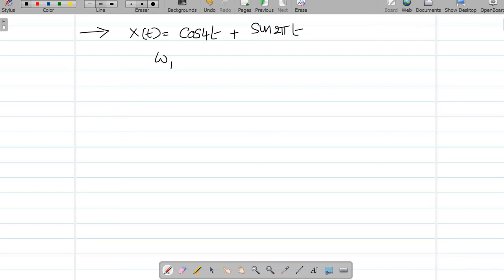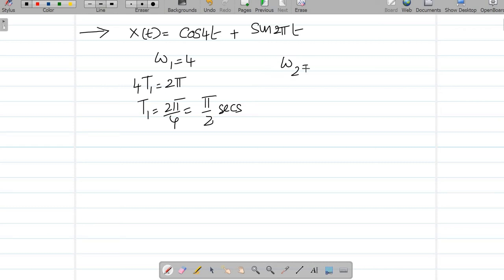So omega 1 is equal to 4. So 4 times t1 is equal to 2 pi. So t1 is equal to 2 pi divided by 4, which is nothing but pi by 2 seconds. So the time period for the first term is pi by 2 seconds.